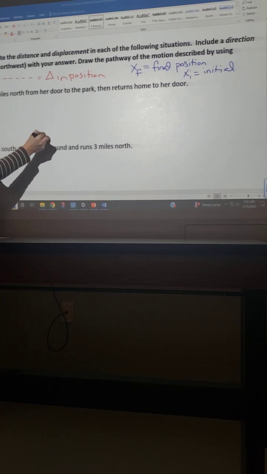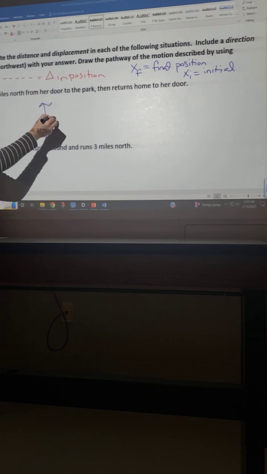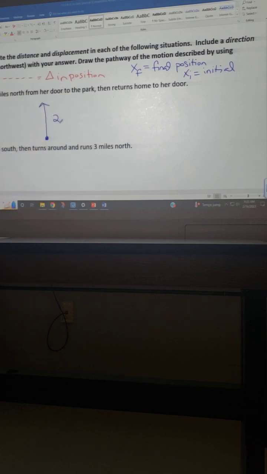So if she starts right here and walks 2 miles north, I'm going to draw an arrow straight north, so make sure you're doing what I'm doing. 2 miles north, and then it says, then returns home to her door. So the return journey puts her back there, another 2 miles.